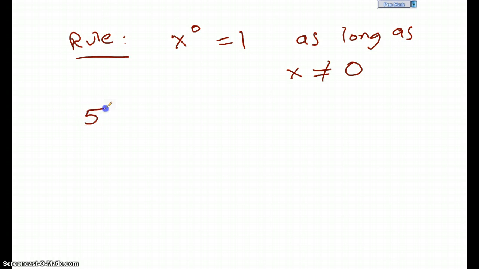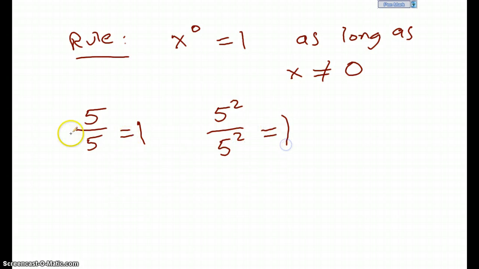Well, we know that anything divided by itself is equal to 1. So it doesn't matter whether it's 5 squared over 5 squared or 5 over 5. Or this could be pi over pi. Well, pi goes into pi one time. 5 squared goes into 5 squared one time. 5 goes into 5 one time.